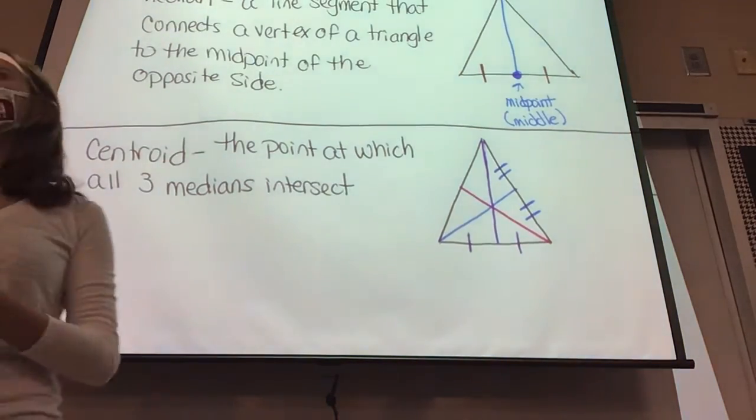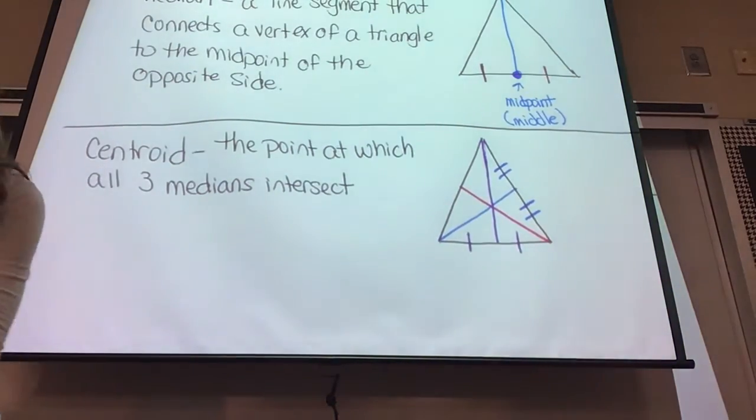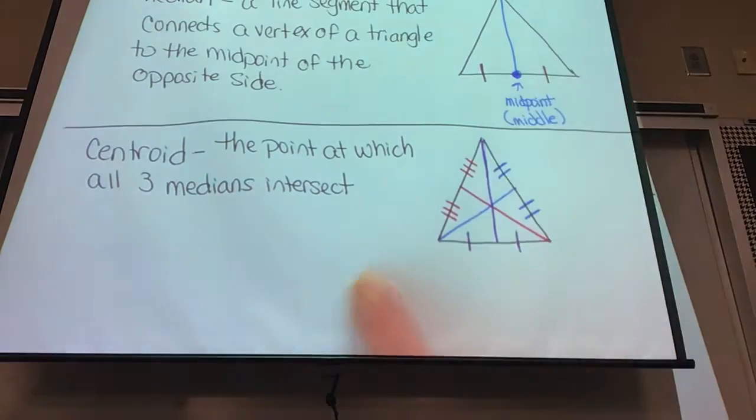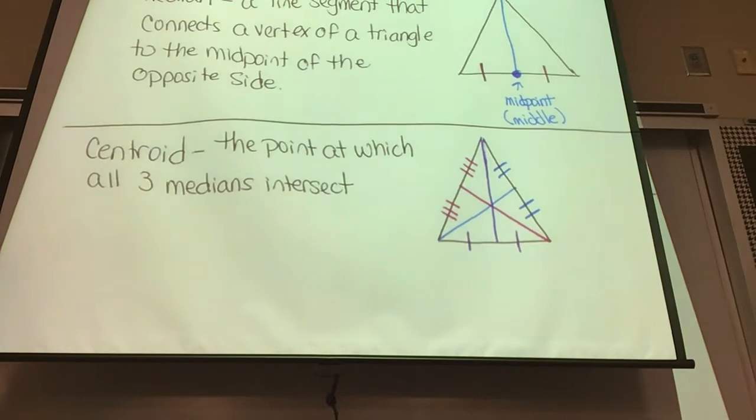Okay. So everybody's got this drawn. One more time, we know that this has cut this into two equal pieces. Now, you will notice that I have put different marks on each side.